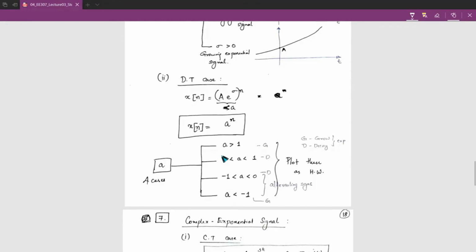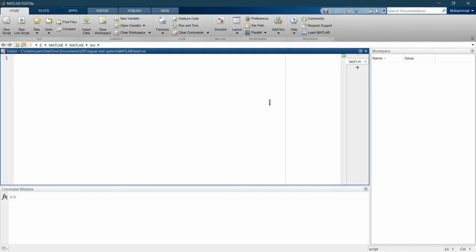Now we will move on to Matlab. How we generate a signal in Matlab is similar to how we plot a graph in real life. We select some x points, put them in the equation f of x, find the corresponding y points, and plot the graph. Here also we are doing the same, but the difference is that we can choose a wide variety of x-axis points, a lot of x points.